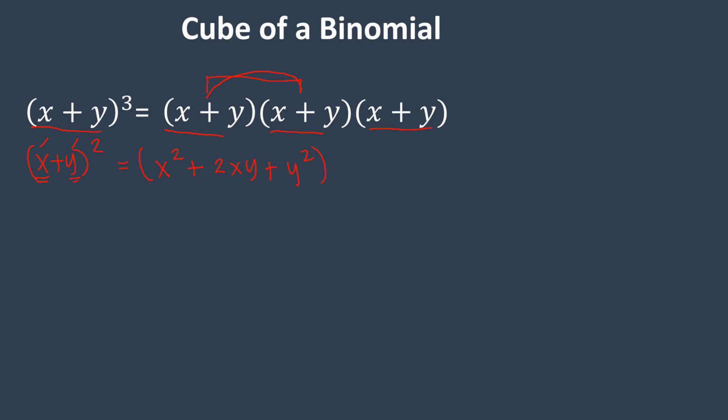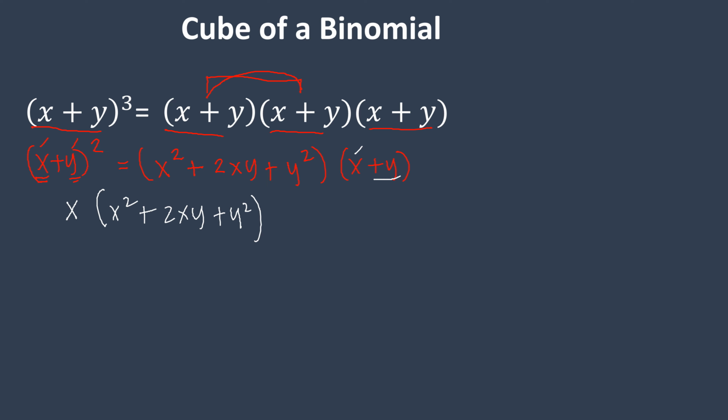But we still have one last binomial. So how do we get the final product of this cube of x plus y to the power of 3? We simply apply the distributive property. We consider x plus y to be distributed over x squared plus 2xy plus y squared.